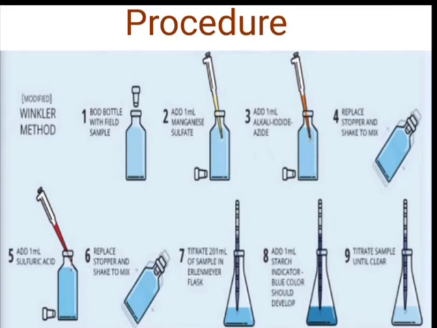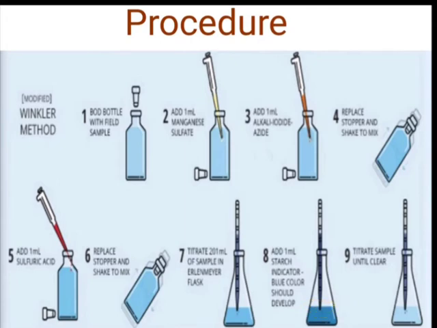So take a conical flask. In this you take 200 ml of the sample solution and add 1 ml of the starch indicator. After adding the starch indicator, the solution color will change from colorless to blue. So a dark blue color should develop in the conical flask.